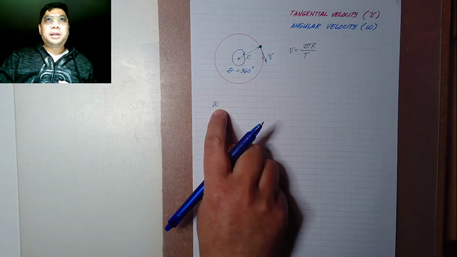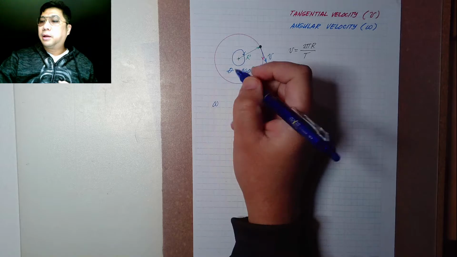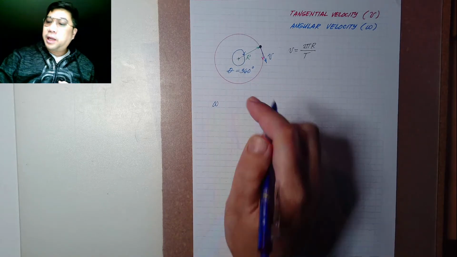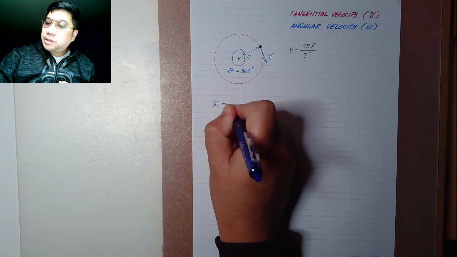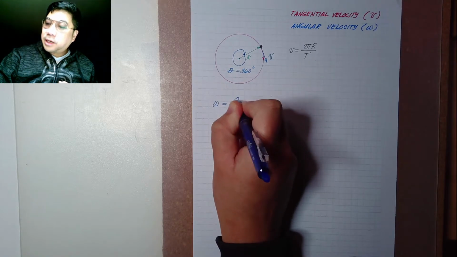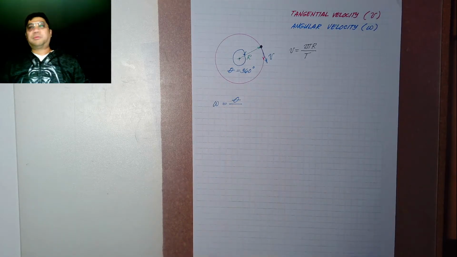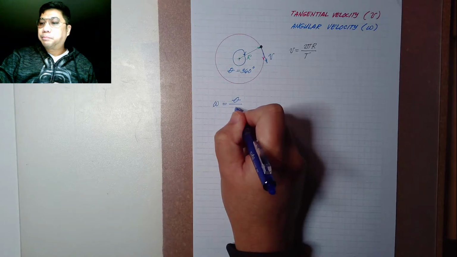Omega is a representation of this equation, which is whatever angle inside one complete revolution divided by the period.